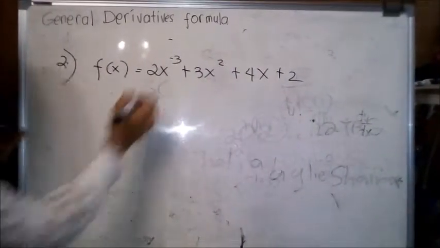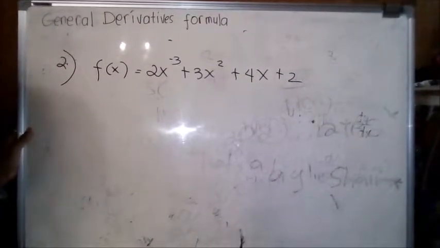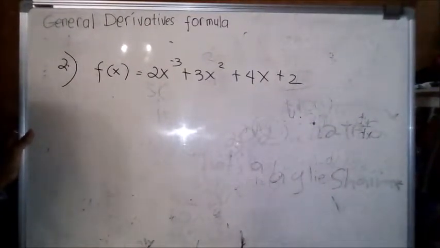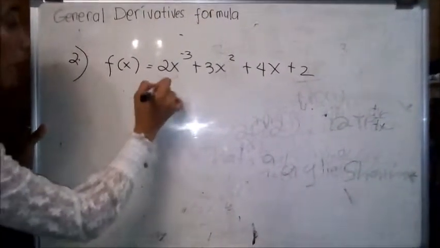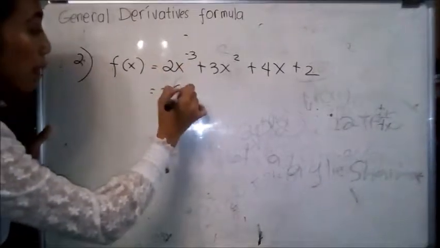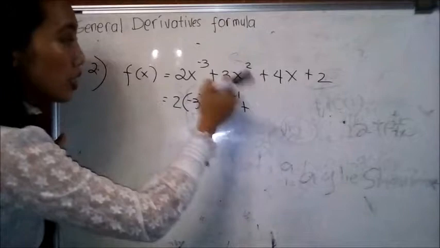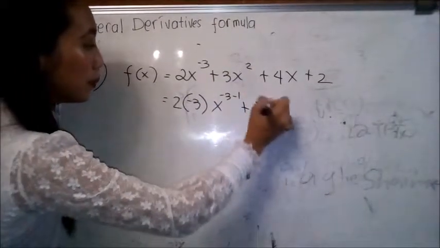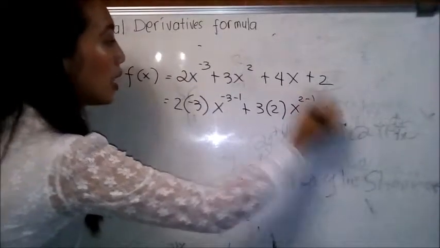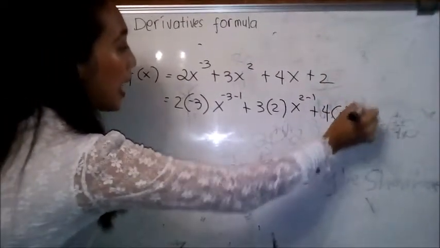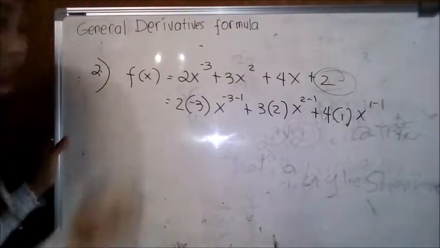Okay, so we have the second example. We have the function 2x to the negative 3 plus 3x squared plus 4x plus 2. So now we have 2 times negative 3 x to the negative 3 minus 1, plus 3 times 2 x to the 2 minus 1, plus 4 times 1 and x to the 1 minus 1. 2 here is a constant, so it's 0.